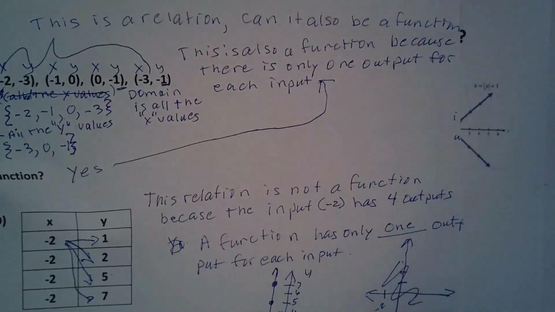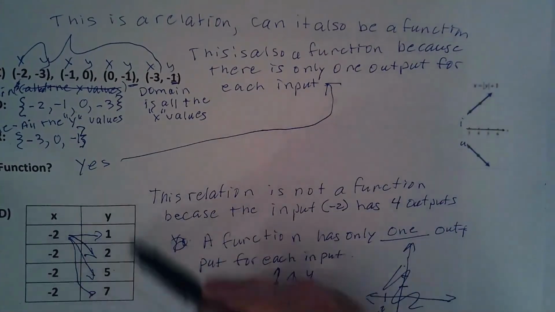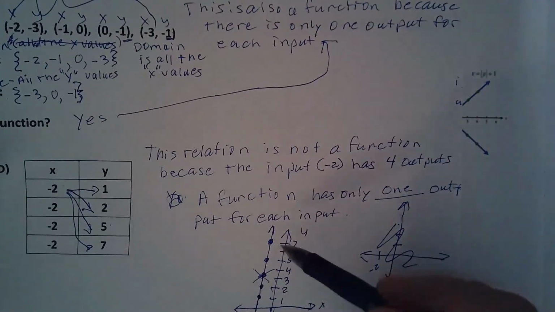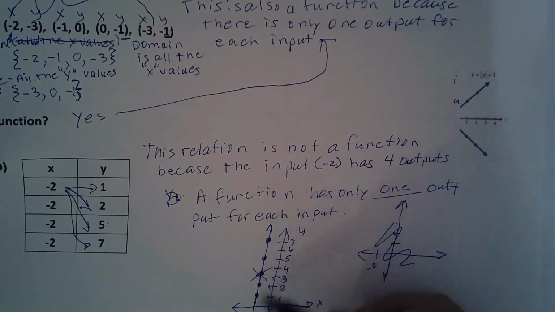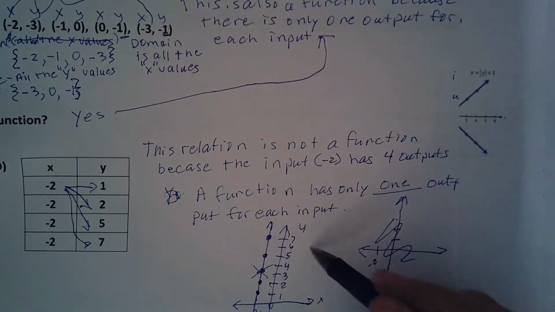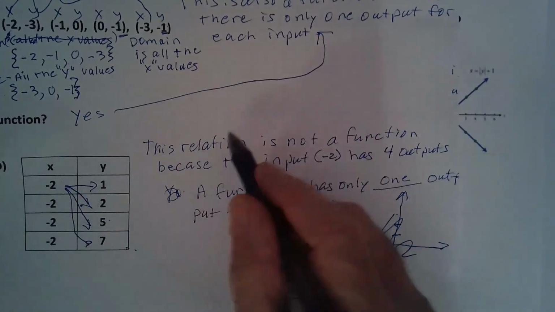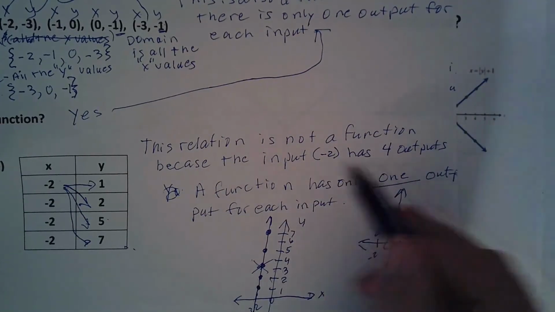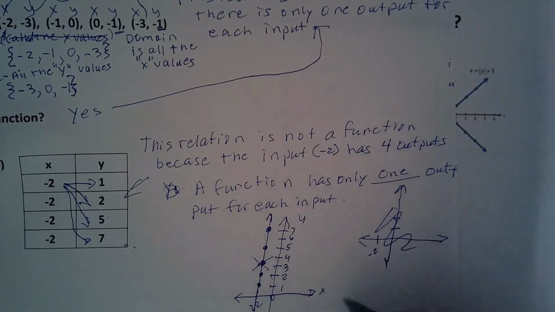But the other way to look at the same thing is the vertical line test. So I took this table of values, x and y, or it's sometimes called a t-chart, and I graphed it for you, and I showed you that the vertical line test applies to the graph of this. But here we said, well, it's not a function because the input has 4 outputs.